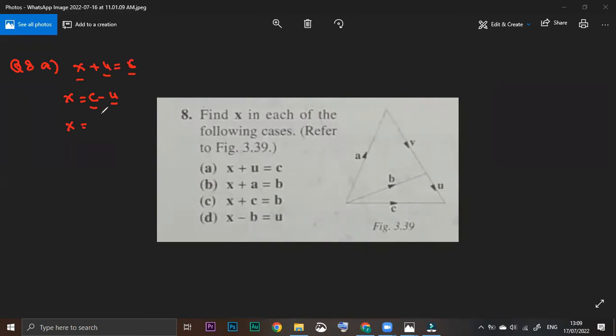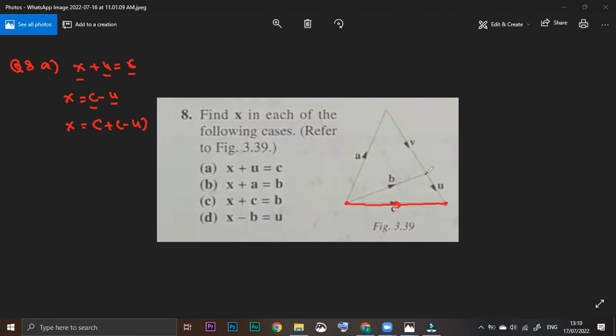Now we want to add C and minus U. This one is the vector C. This one is tail. This one is head. Now we will put the tail of minus U at the head of C at this place.